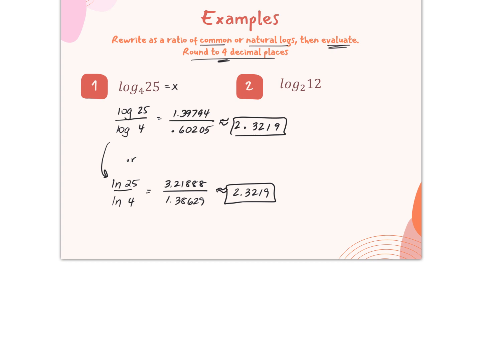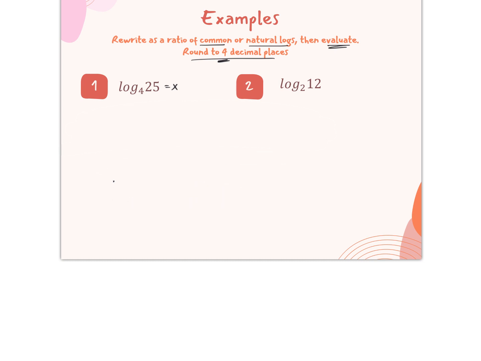So we'll do the next one. Let me just erase this and move it out of the way, and let's do the one on the right. If I try to solve it at first, 2 to the x equals 12. I don't know what x is, so unfortunately, I do have to do the change of base. I'll do ln 12 over ln 2. The natural log of 12 is 2.48.